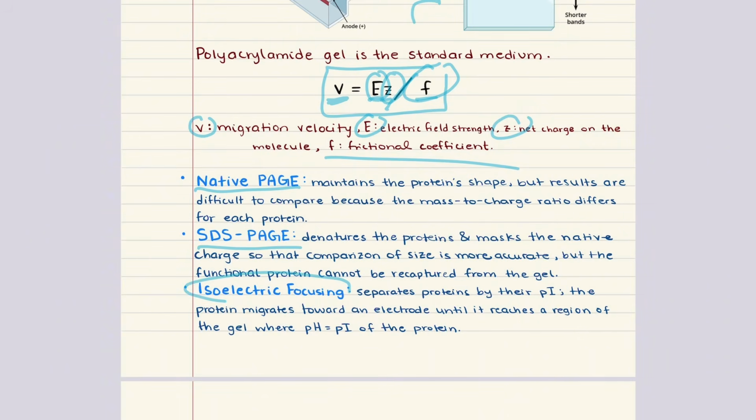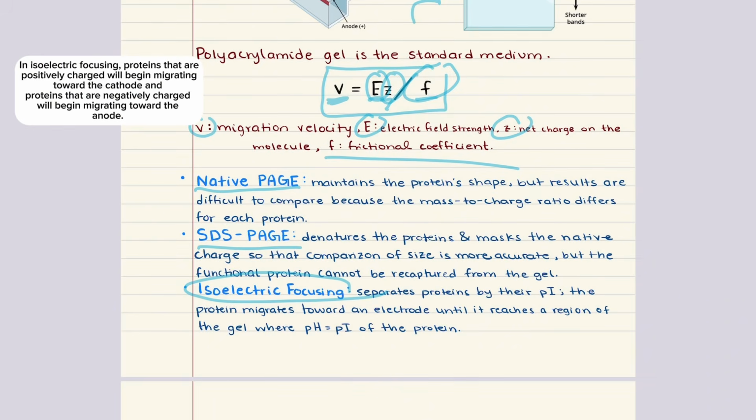The third technique is isoelectric focusing. This method separates proteins based on their isoelectric point, or pI. The isoelectric point is the pH at which a protein has no net charge. So in this setup, proteins are going to be placed in a gel with a pH gradient and an electric field.